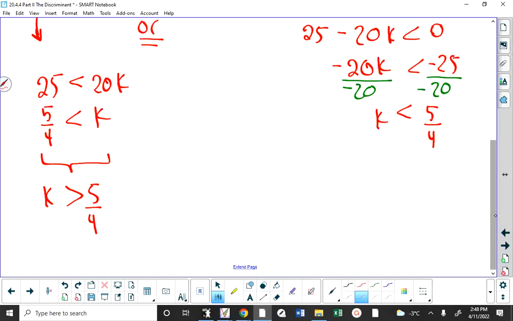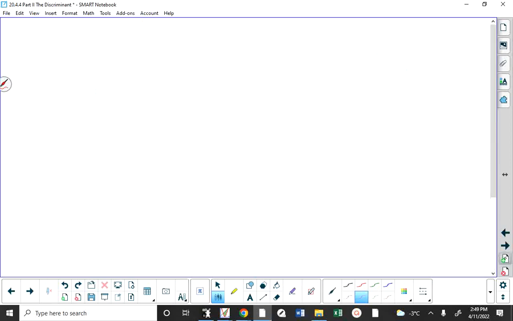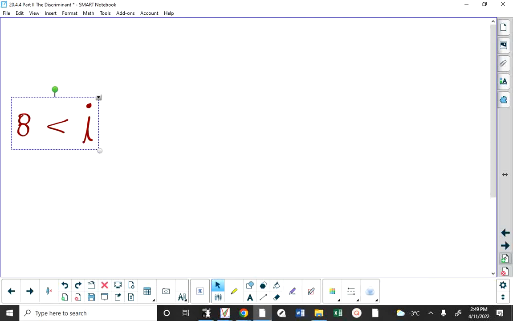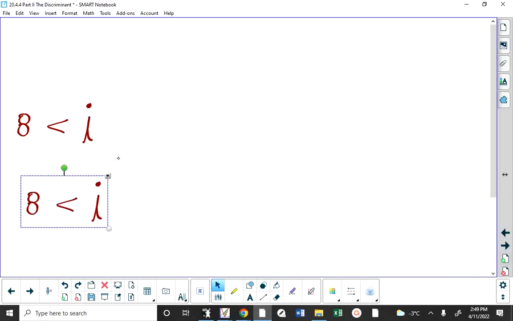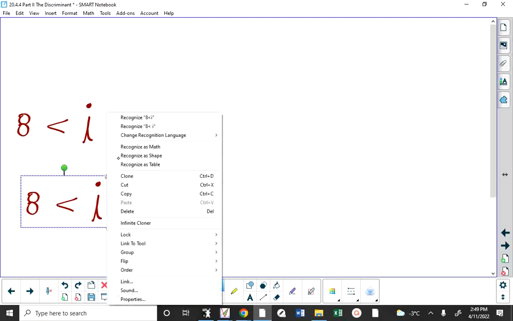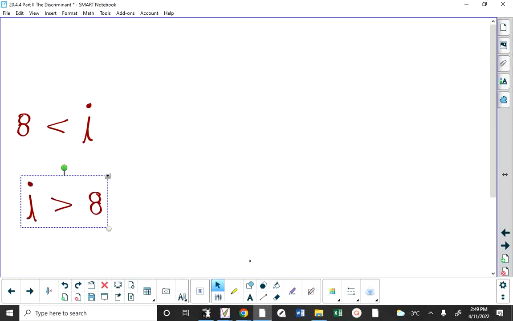And I'd like you to think about that for a second. If I say 5/4 is less than K, what's K? K must be greater than 5/4. The analogy that I use usually with this is if I had I instead of K and 8 instead of 5/4, if I had that statement there, and I read it backwards, I read it as I first, then I have to reflect this, and that's what it looks like.